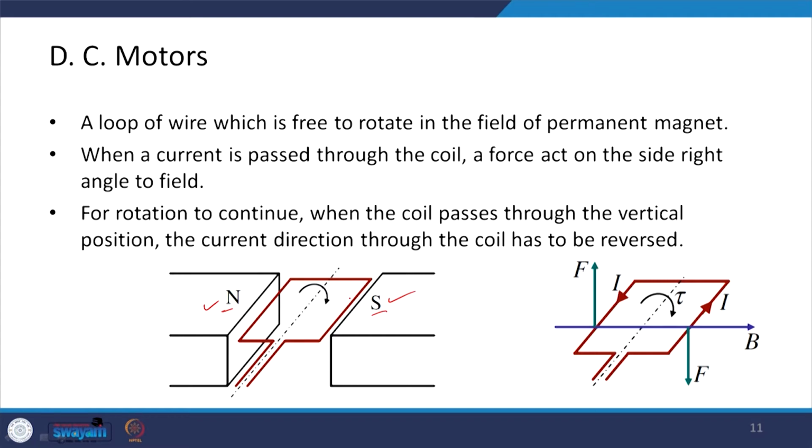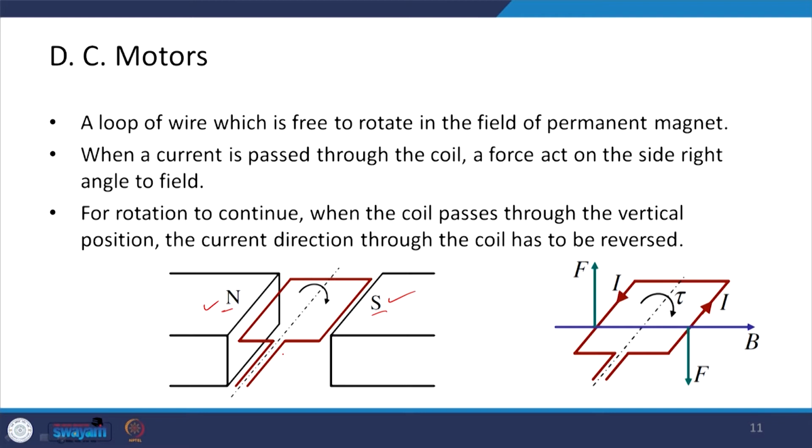A loop of wire which is free to rotate in the field of a permanent magnet is there, and when a current is passed through the coil, a force acts at right angles to the field.